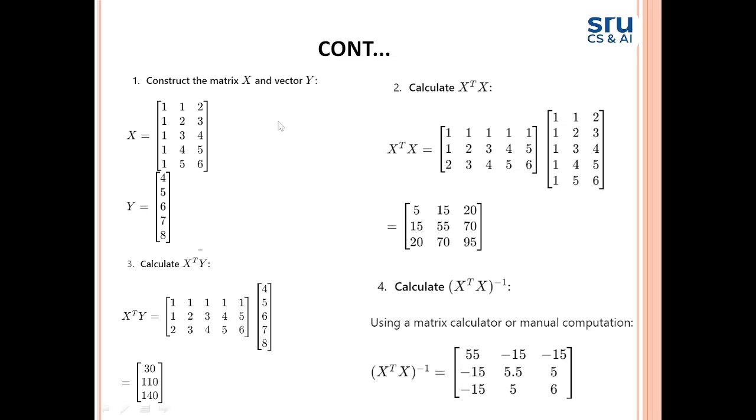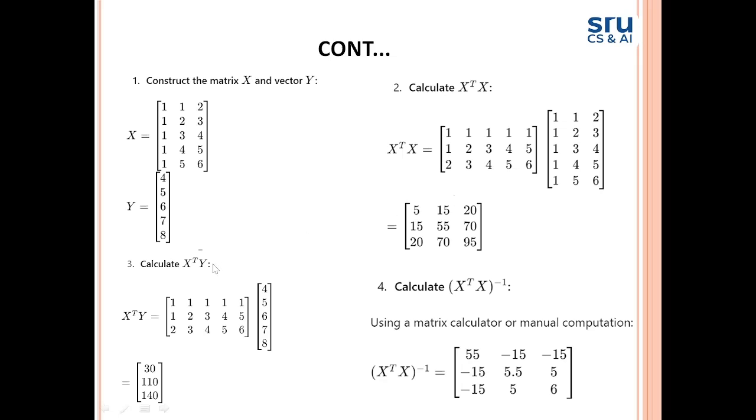So we put all these in matrix form and construct matrix X. It is given here, and then we construct the Y matrix based on the variable. Then we have to calculate X transpose into X. It is just a simple matrix multiplication. When we compute this X transpose into X, we get this matrix.